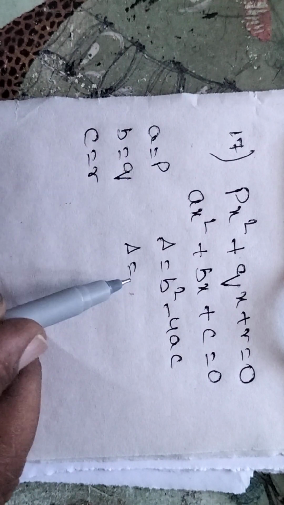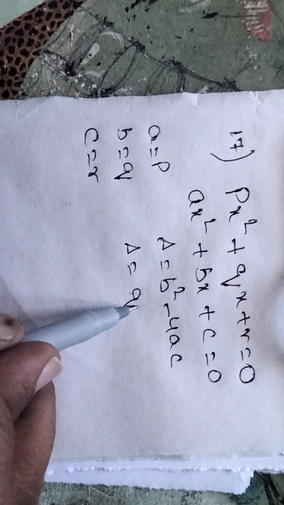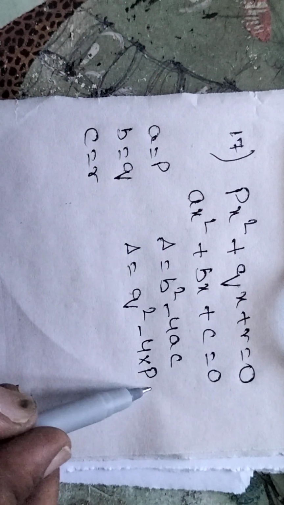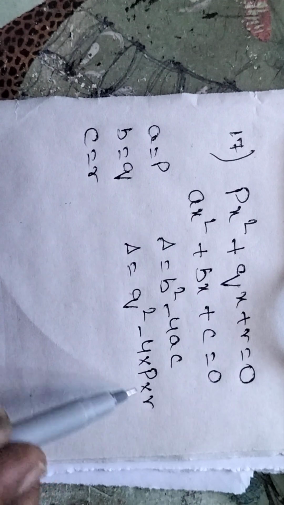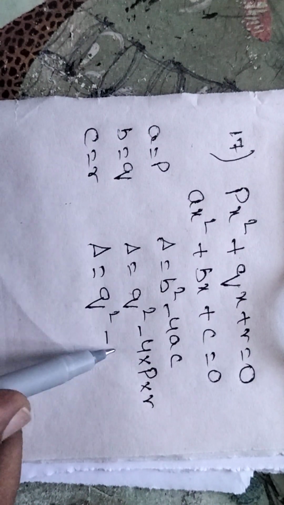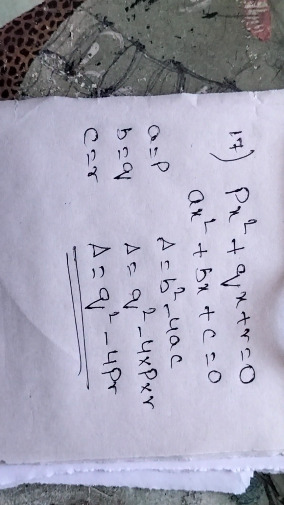Delta is b square, b is q, so q square minus 4 into a which is p, into c which is r. So delta is equal to q square minus 4pr is the discriminant of the given quadratic equation px square plus qx plus r is equal to 0.